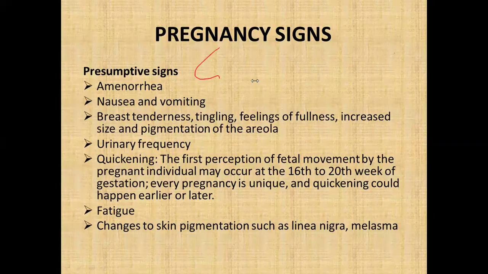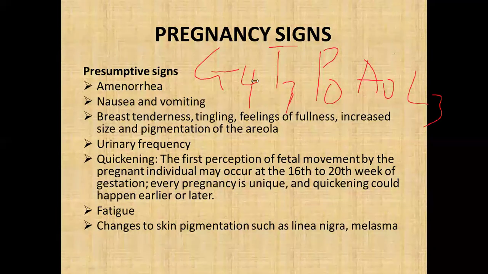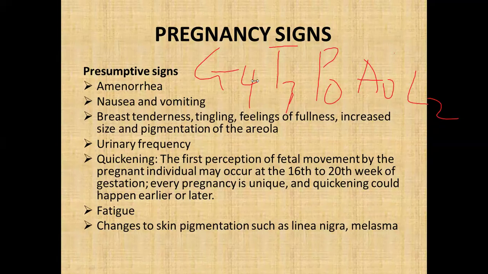G4, yes. And then T3. Let's use the other sister's example. It was G4, T3, P0, A0, L2, sorry, L2. And so this is what she said she wants me to go over again.